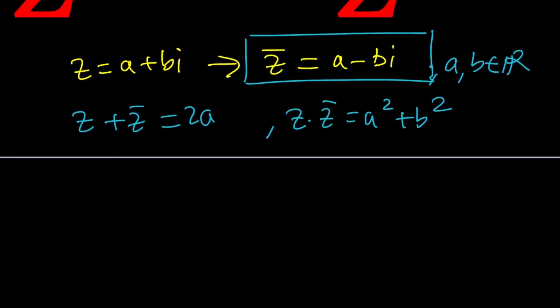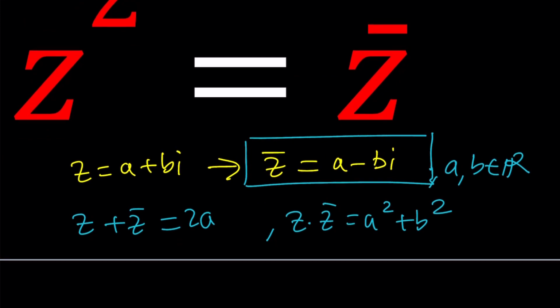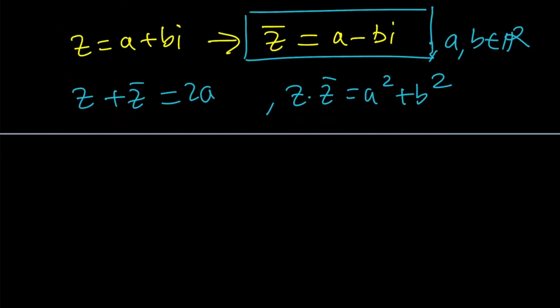First of all, I'm going to experiment with something that I haven't tried before, hoping that this is going to give me something helpful. Then I'll proceed with the solution that I planned. Since z times z bar is something special, I think it makes sense to multiply both sides by z. Of course, we need to assume that z does not equal 0, but can z be equal to 0?